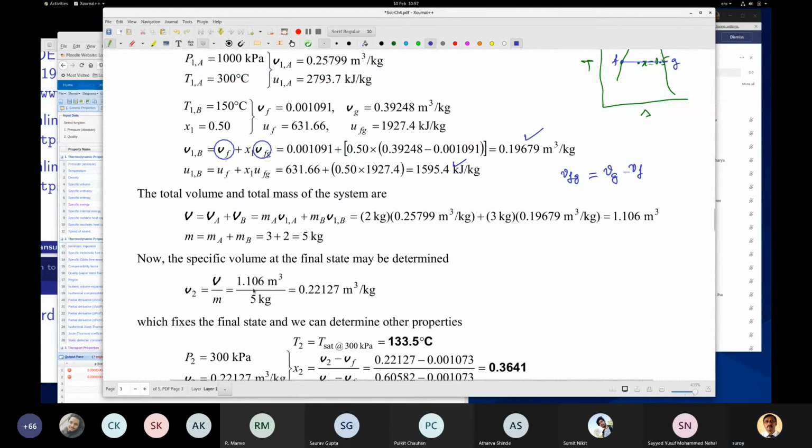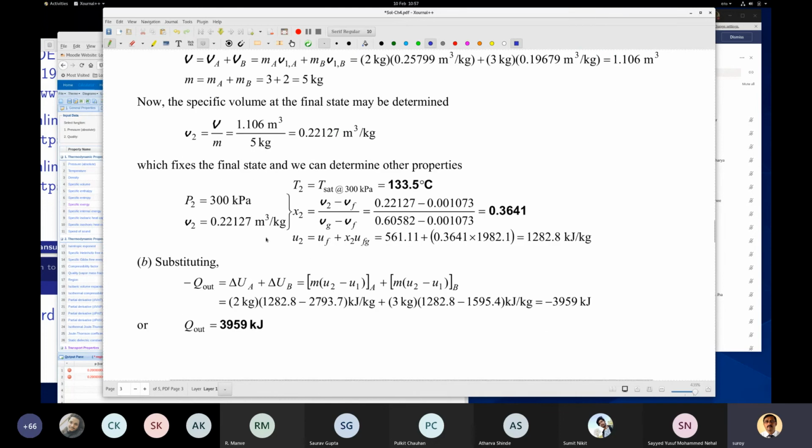Finally, the final total specific volume is 0.22127. This is the final specific volume, and it is known to us.